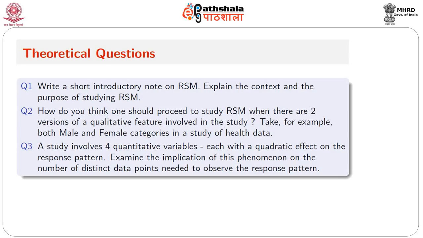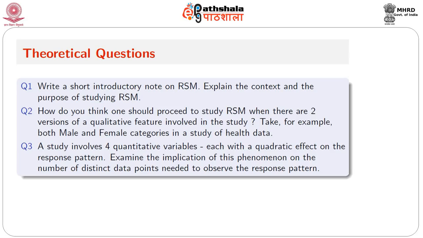And then from there you have to identify the number of parameters involved, because the number of data points will depend on the number of parameters because of the question of estimation of the parameters in the model. So you have to have as many data points as there are distinct parameters in the model. And then the question is, what is the implication of this modeling on the number of distinct data points needed to be observed.